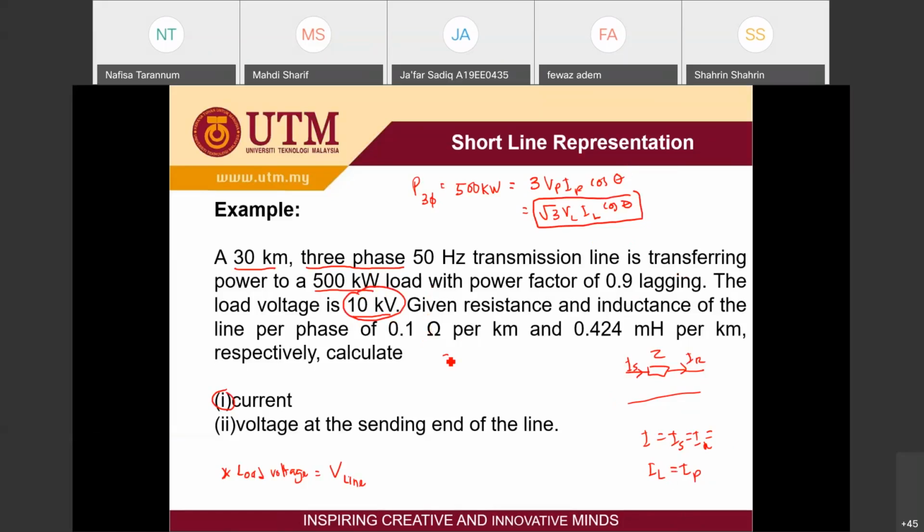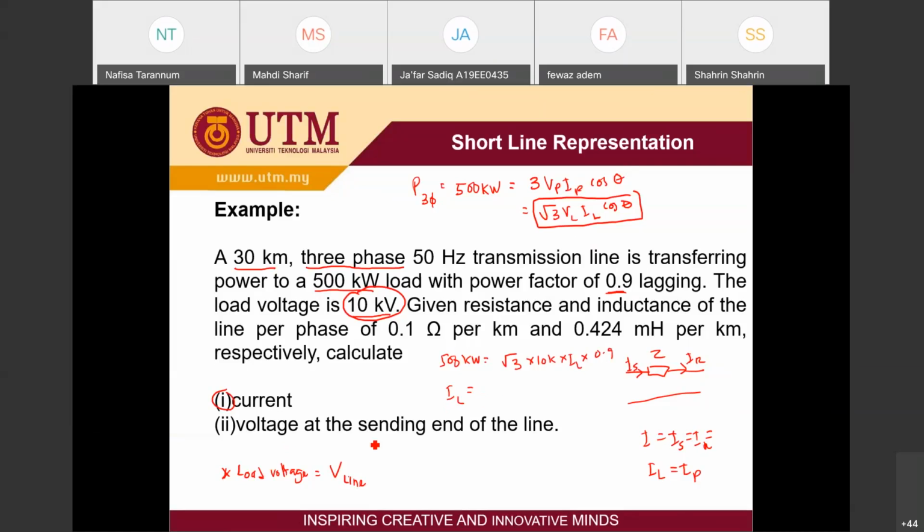So meaning that you have 500 kilowatt is equal to square root 3 multiplied by 10K multiplied by I line multiplied by your power factor 0.9. So your I line is 500 over square root 3 over 10K over 0.9.